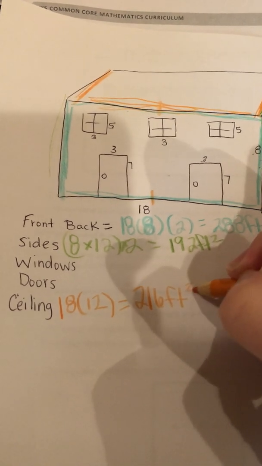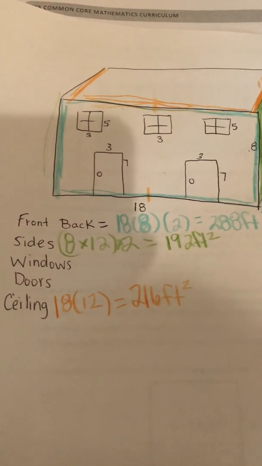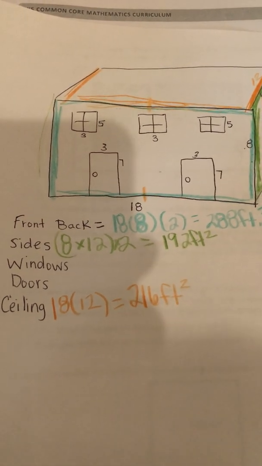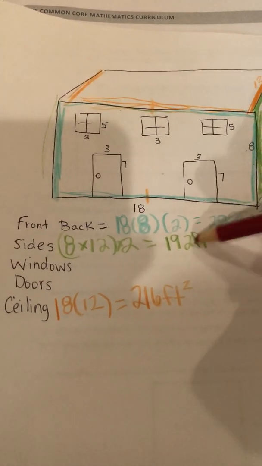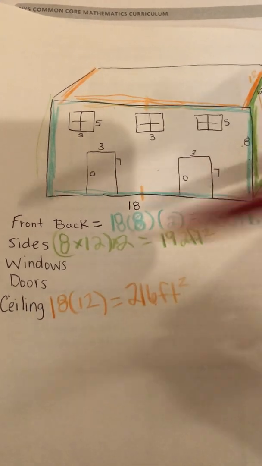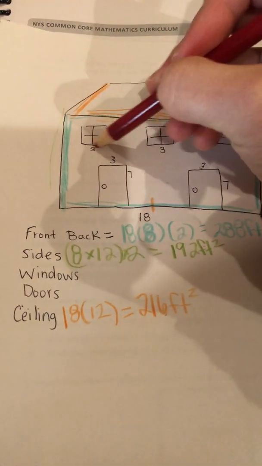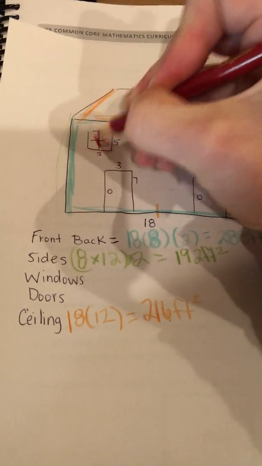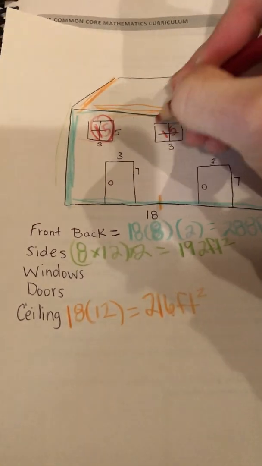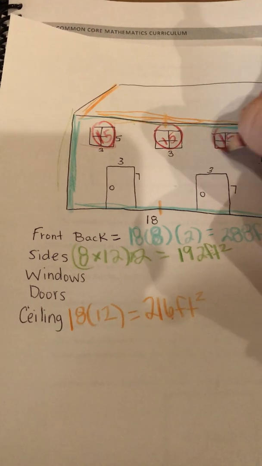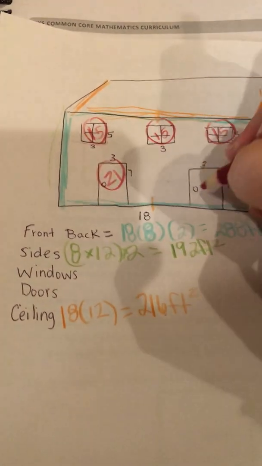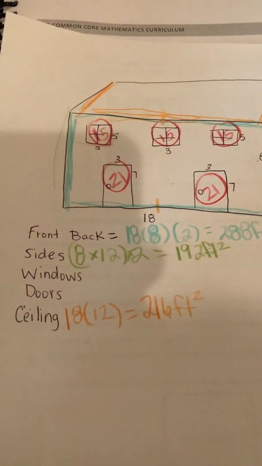So now I need to think about the windows and the doors. Because I'm not painting them, I'm going to add all these up and subtract the windows and doors from them. So this is 5 by 3, so this is 15, and 15, and 15, and 2 doors that are 7 by 3, so 21, and 21.